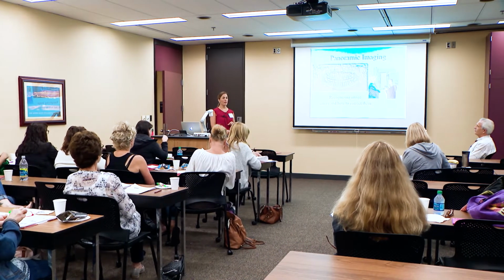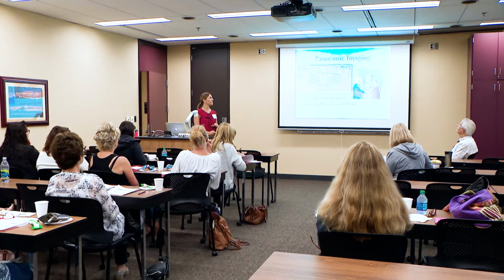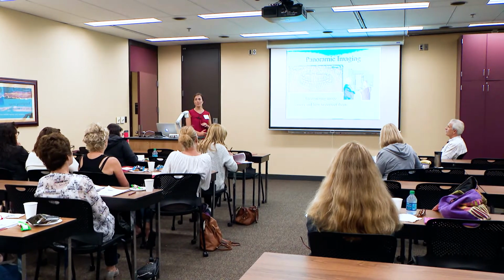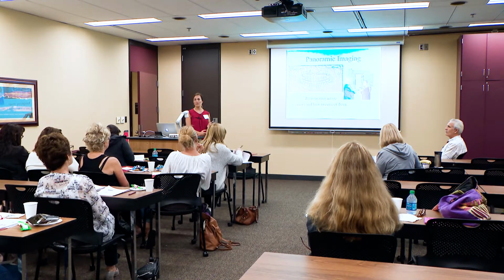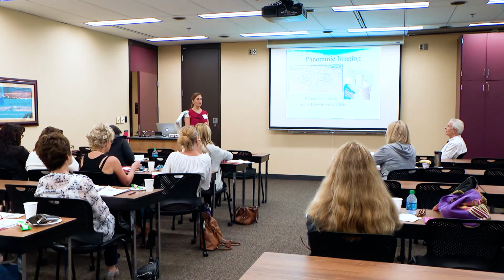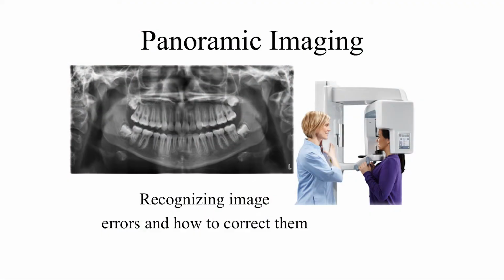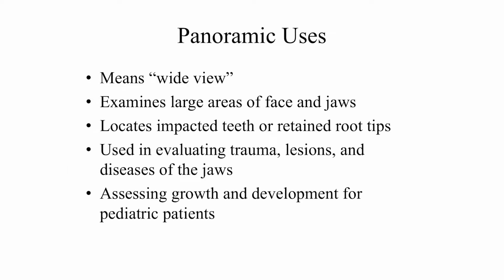So the second part of our talk is going to be about the panoramic images. I'm assuming most everybody has a panoramic or a Panorex in their offices. So panoramic imaging, today we're going to go over recognizing image errors and how to correct them, and the correct positioning. Panoramic means wide views.